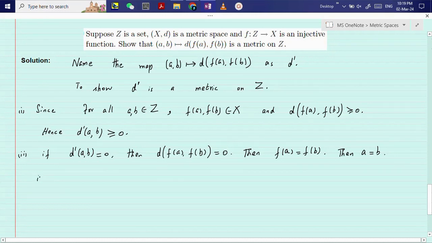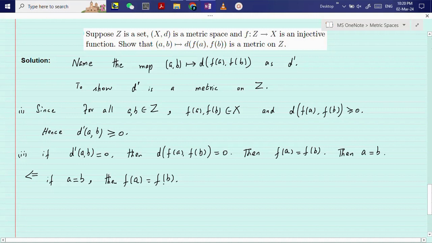And for the converse, if A is equal to B, since f is a map and A, B belong to Z, and A and B both are equal, we can write here f of A is equal to f of B, because f is well defined.